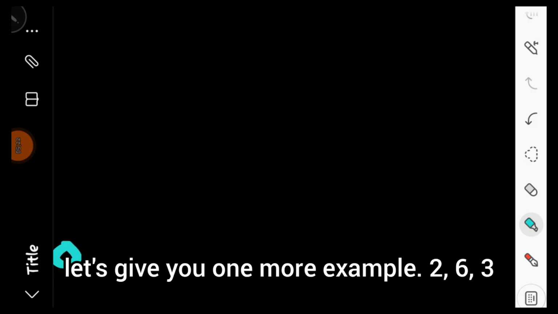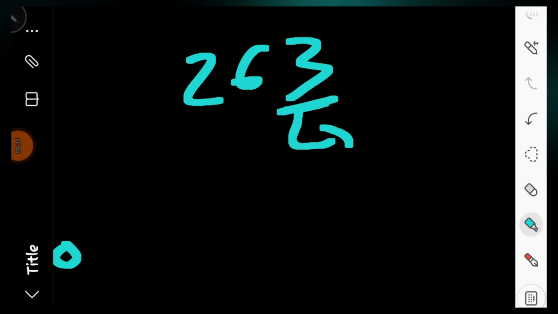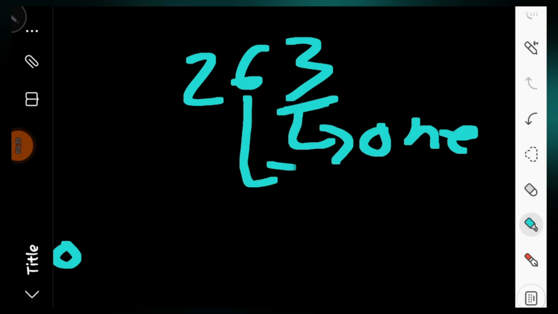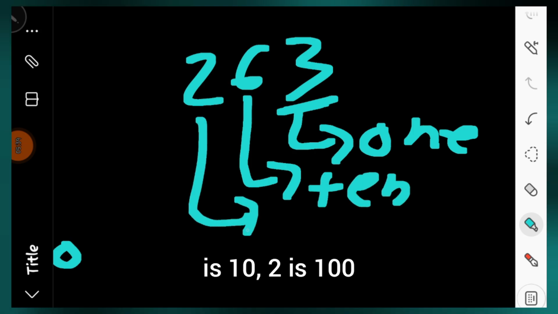Now, before we go forward, let me give you one example. 263. Now I want to ask you, what is the value of 3 here? Yes, 1. Then it increases by 10. So the placeholder is 10. 2 is 100.